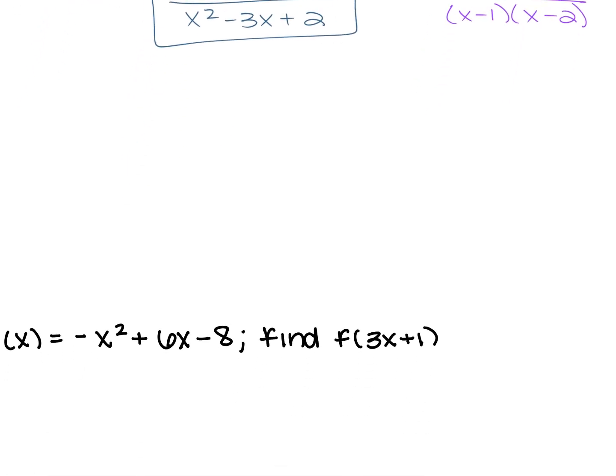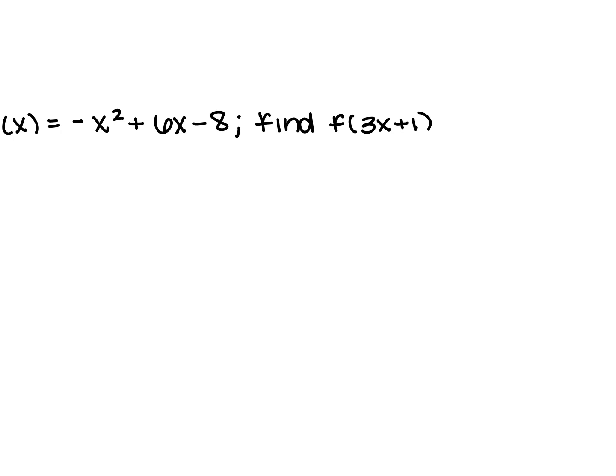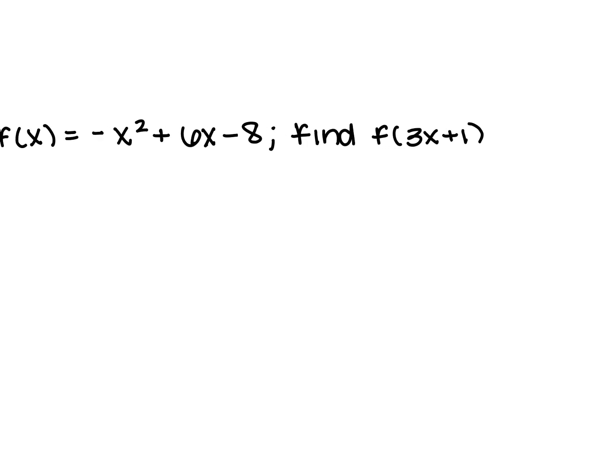For 13, you have f of x is equal to negative x squared plus 6x minus 8. You're finding f of 3x plus 1. So for this one, f of 3x plus 1 is going to equal the opposite of 3x plus 1 squared plus 6 times 3x plus 1 minus 8.